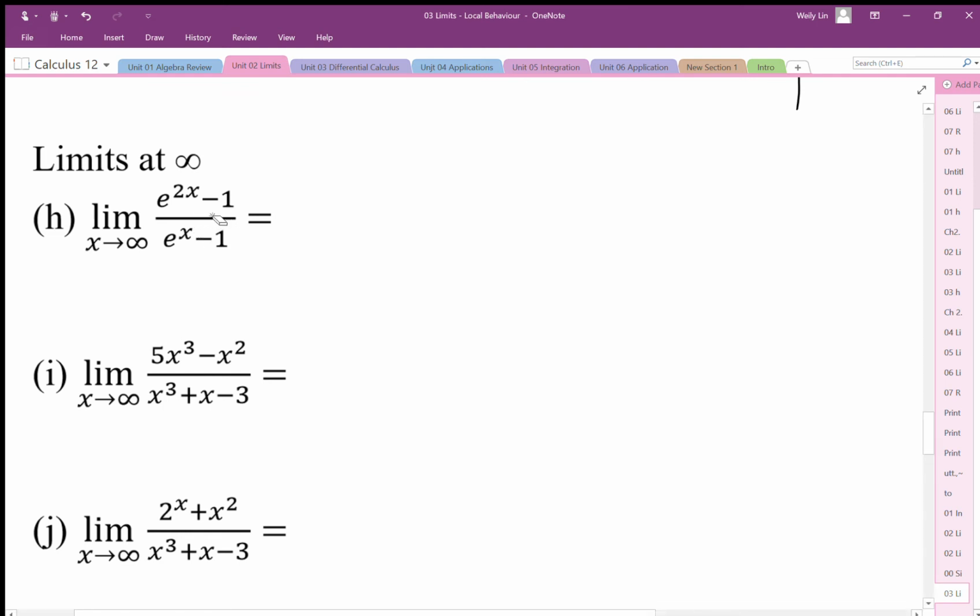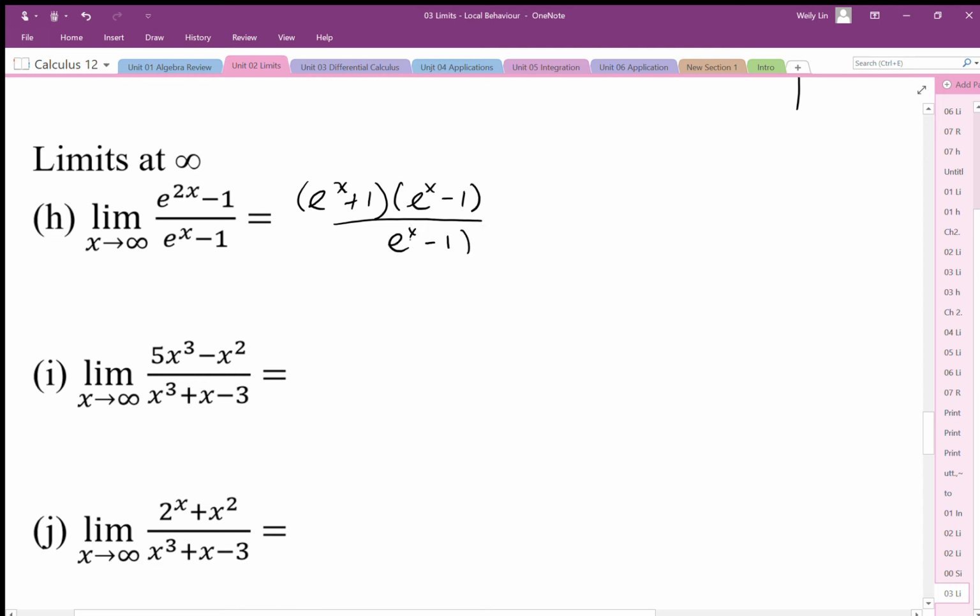Here, we can simplify this, just like we did before. But we could also say, well, this is quite a bit stronger. If you can recognize that, that would be useful. But we could also simplify this algebraically. So there are a few different ways that we can analyze this limit.